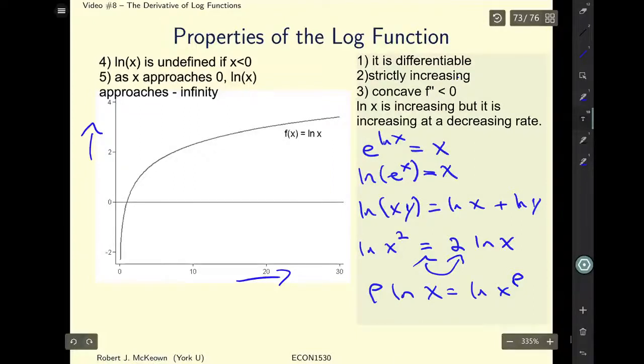This last one might seem a little weird, but this is going forever down there, and we say it asymptotically approaches, well, I shouldn't say that, it just gets smaller and smaller.